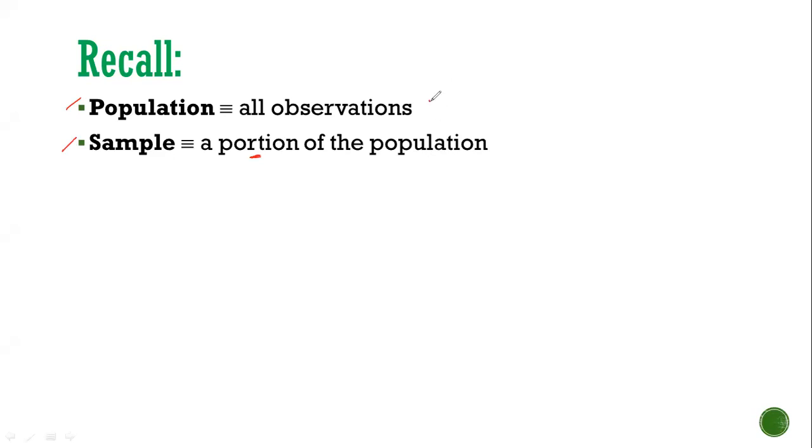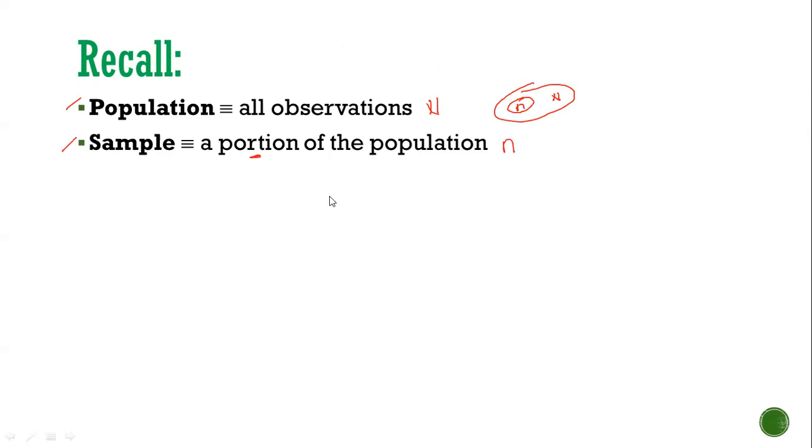Your population is denoted by your capital letter N, whereas your sample is your small letter n. If we try to visualize that one, let's say this is your population. If you take out a portion from your population, that is your sample. I hope those two are clear.